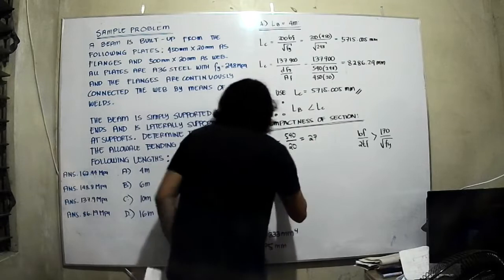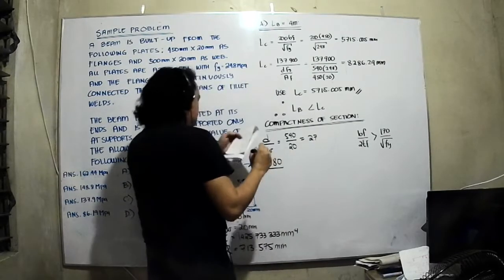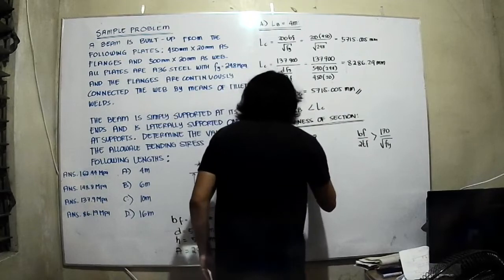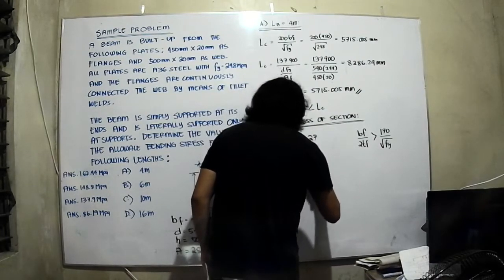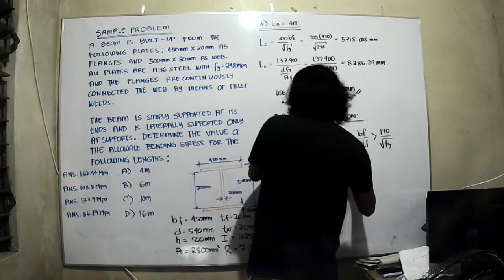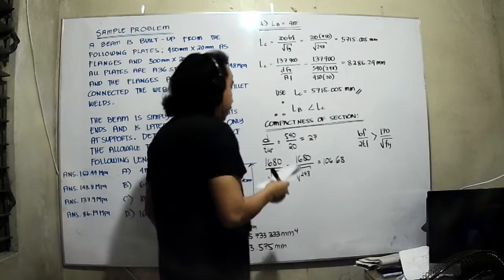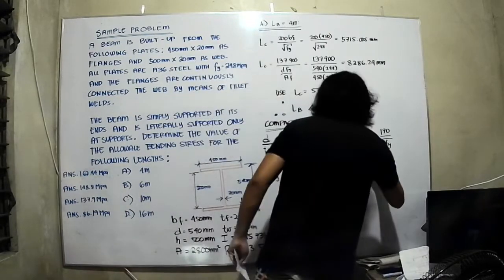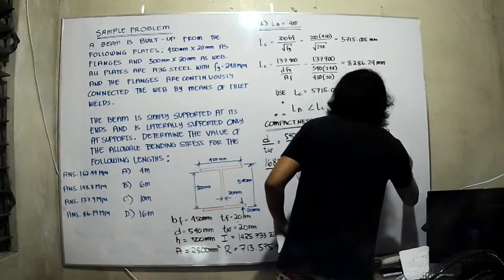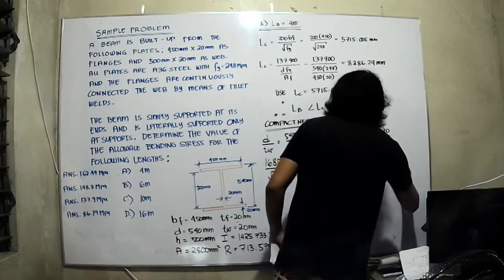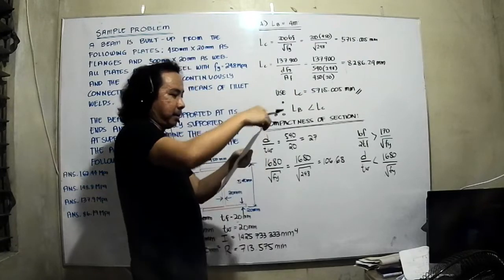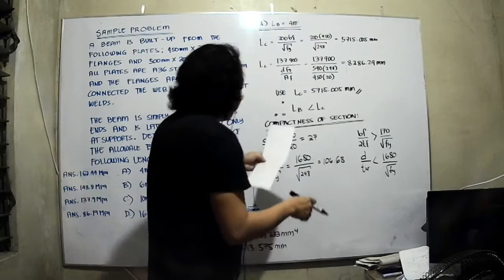We compare it to 1680 divided by square root of Fy, which should be equal to 106.68. So it is quite obvious that D over TW is less than 1680 divided by square root of Fy. So we get that the web is fine.